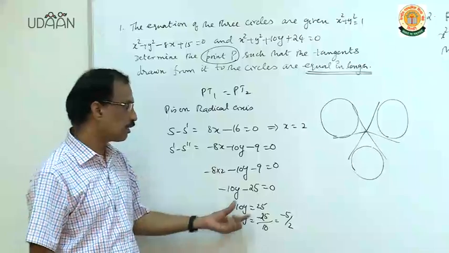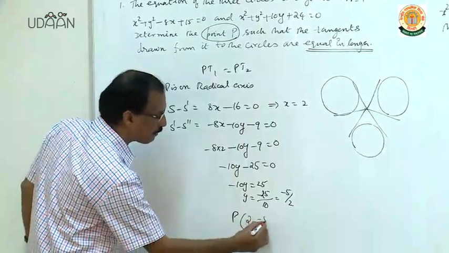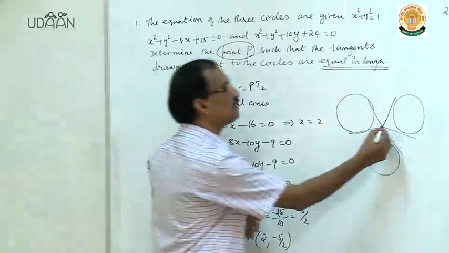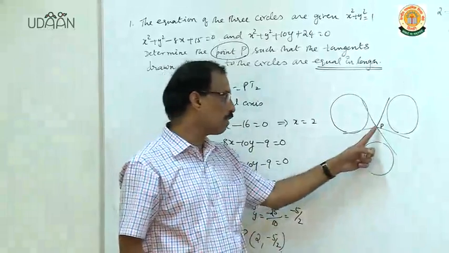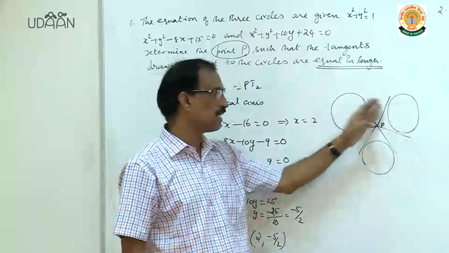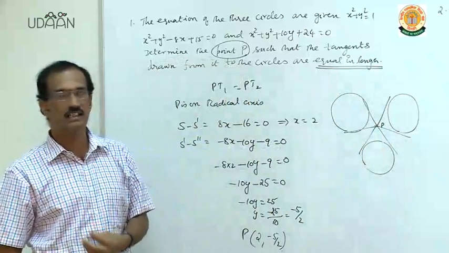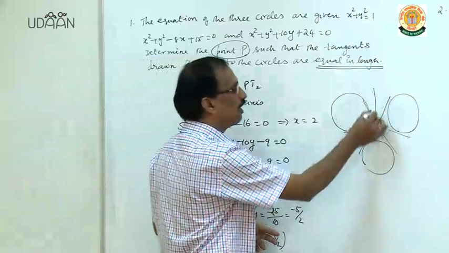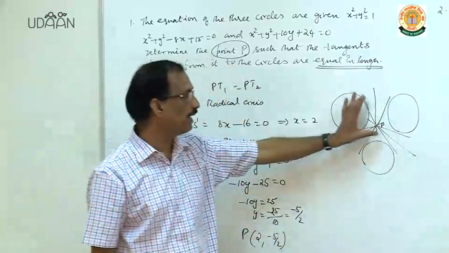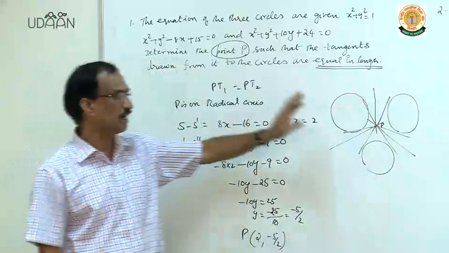So, the coordinates of P are 2 comma minus 5 by 2. That is the point P. From there, if you draw the tangents to these three circles, they are equal in length. So, it is the radical center. The radical center lies on the radical axis, and the point of intersection of these two radical axes gives us the radical center.